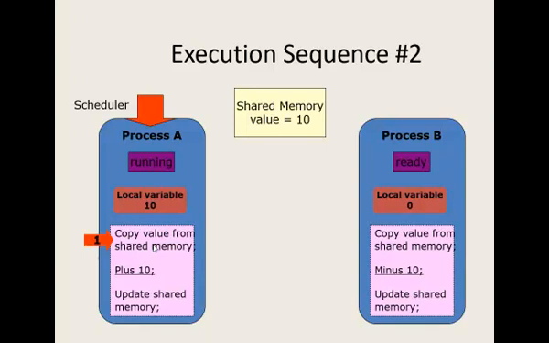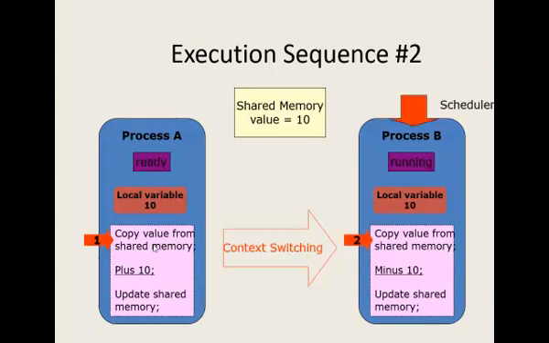So here we copy the variable, and then there's a context switch. That means process A will stop and give the chance to process B. Now process B will also copy the value of the shared variable. So the value of the local variable of process A is 10, as well as the local variable of process B.